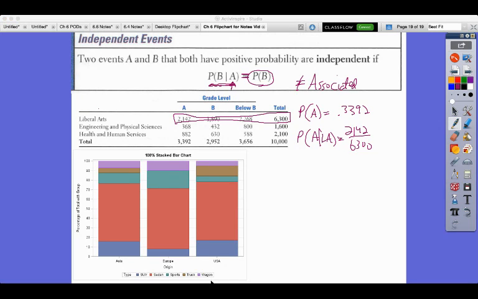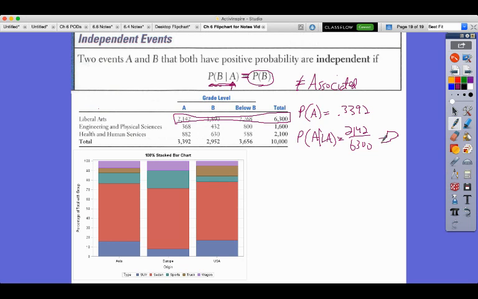And that comes out to, here, I'll punch it in my calculator right here, because I don't have that one on. 2142 out of 6,300, and we get 0.34. Okay, comes out right on the nose.